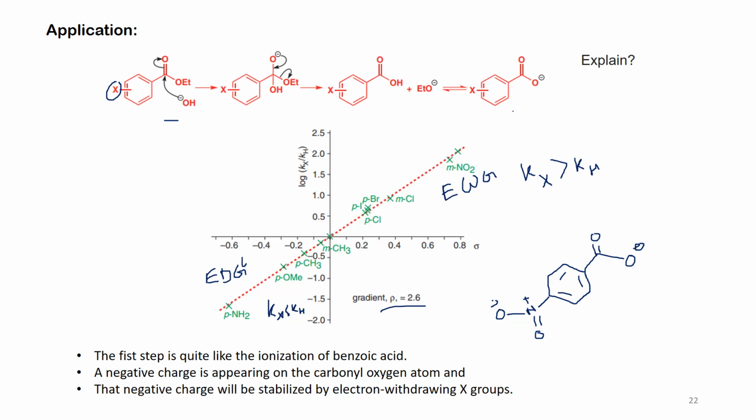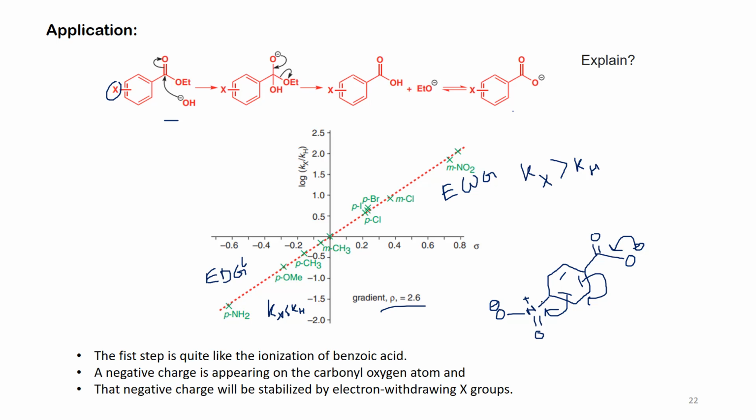It has a huge minus R effect that will shift the electron density towards it, and that will attract the electron density on this substrate, therefore on this product. Therefore this intermediate gets stabilized.